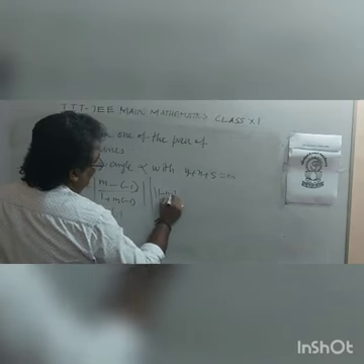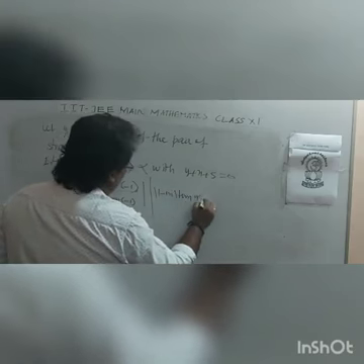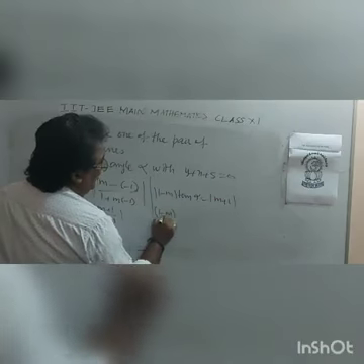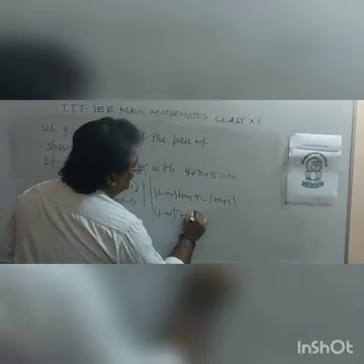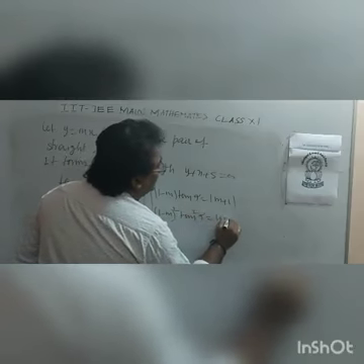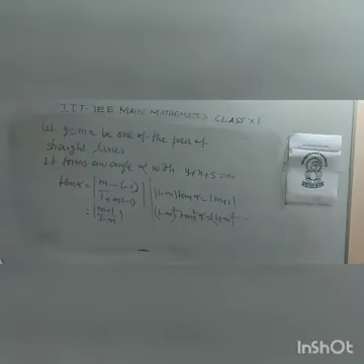So 1 minus m tan alpha equal to m plus 1. 1 minus m whole squared tan square alpha equal to 1 plus m the whole squared.